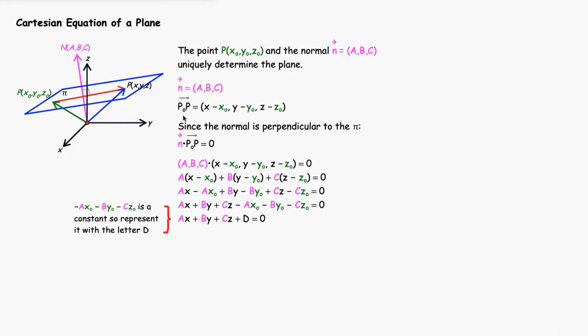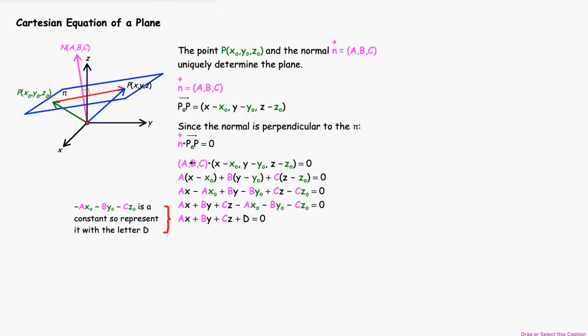So the vector P naught P is going to be written as x minus x naught, y minus y naught, and z minus z naught. Since the normal is perpendicular, as I've already mentioned, the dot product of the normal with this vector, P naught P, is going to be 0.